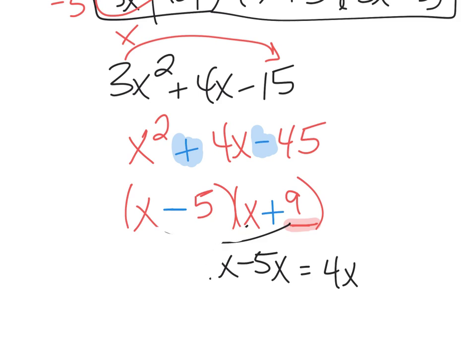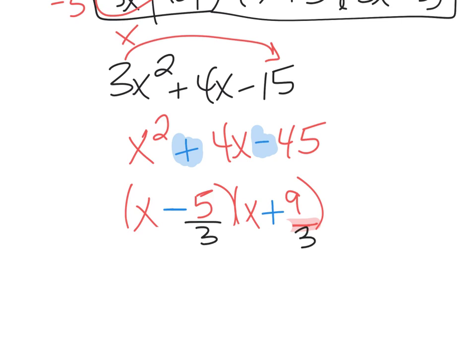Let me make myself some room because I'm not done, right? Remember, this gives me x squared plus 4x minus 45, but I need to get the 3x squared plus 4x minus 15. So since I multiplied the constants to get the 45, I am now going to divide the constants by 3, since that's what I multiplied by, and then I'm just going to clean it up.